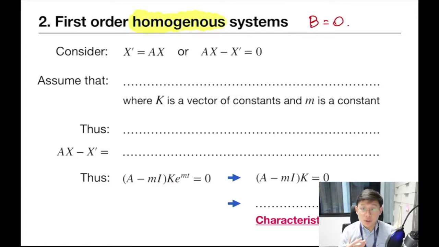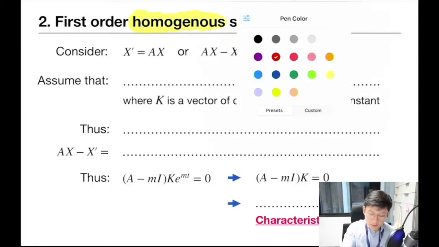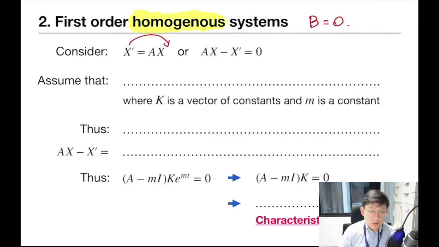It's homogeneous only if B is the zero vector. And if we start with x prime equals Ax, then if I just move this guy to this side, we would have that Ax minus x prime equals 0.